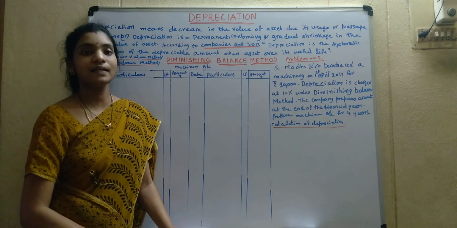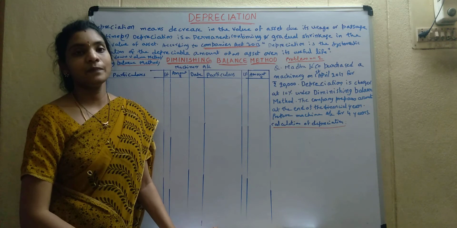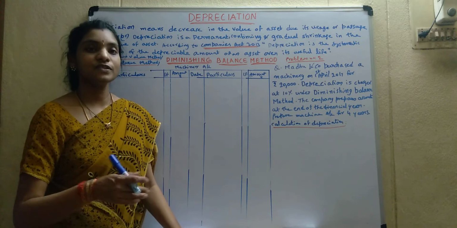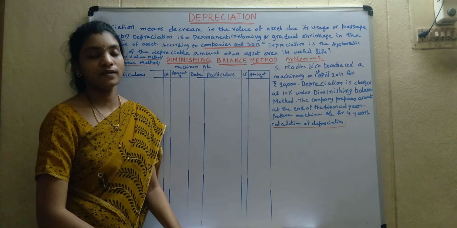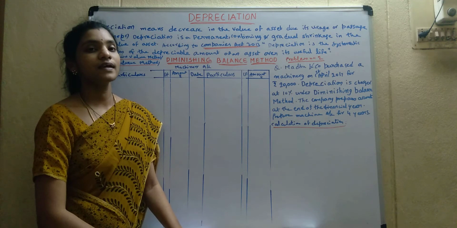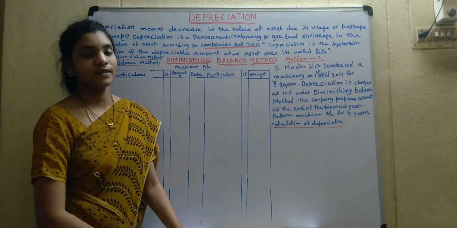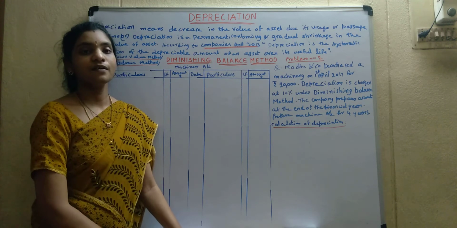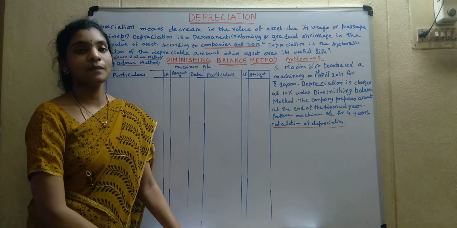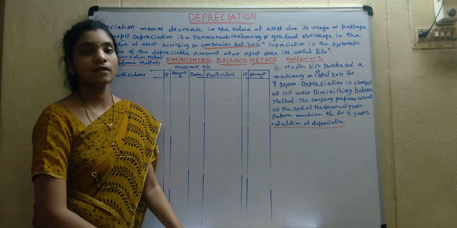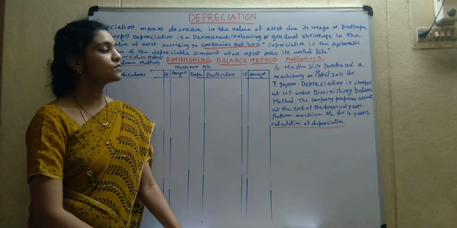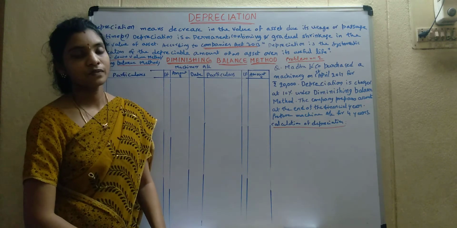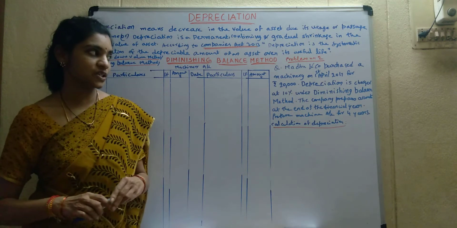We have to calculate depreciation for every year because it changes every year, as we calculate it on the reduced value, or book value, of the asset. For that, we have to do some working notes here. Let's see how we calculate depreciation.